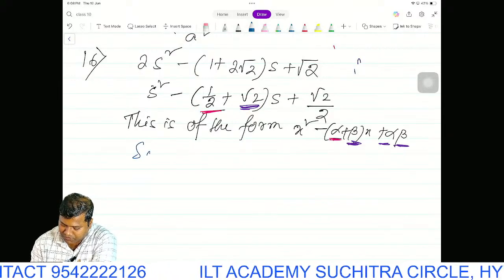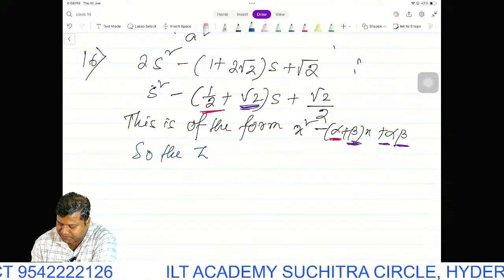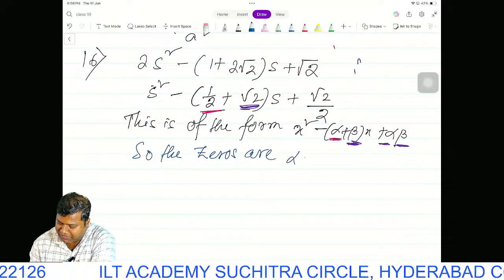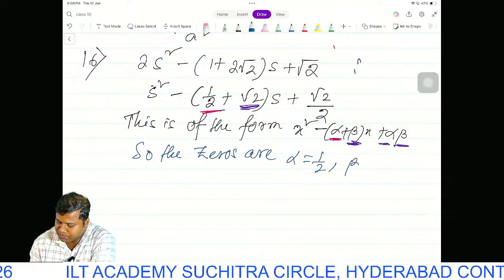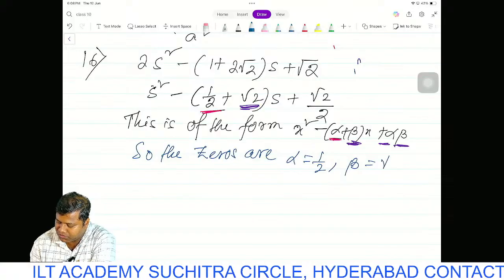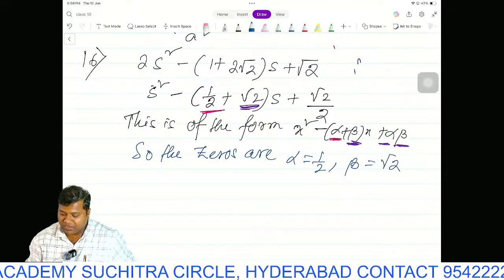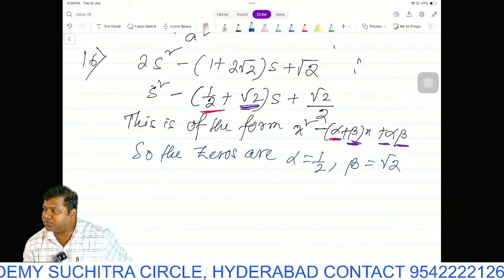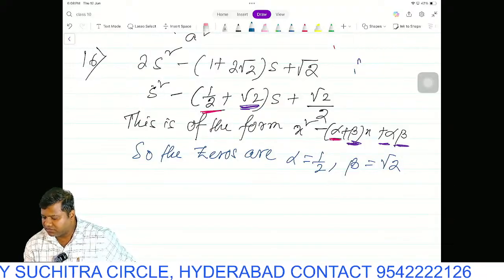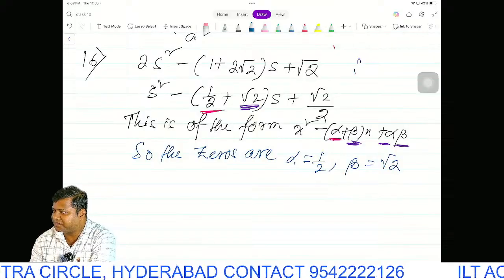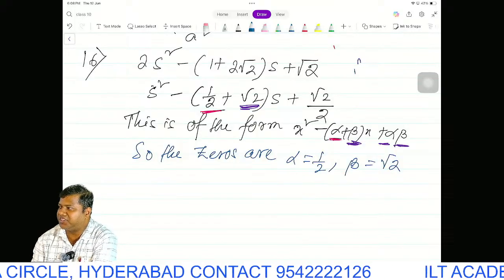The zeros are alpha equals 1 by 2 and beta equals root 2, right? Then what are they asking? Verify the relationship between the zeros and the coefficients. So this is already verified, right? There is nothing to verify.